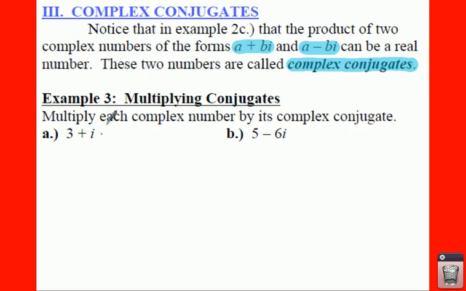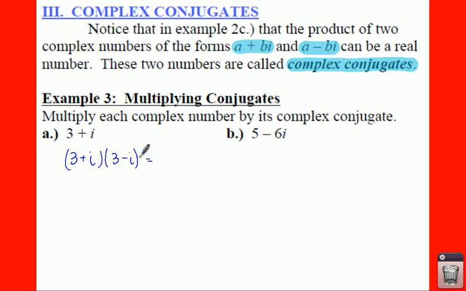So if we look at 3a, if you have a 3 plus i, the complex conjugate would be a 3 minus i. So all you're doing is just changing the middle sign. You're not changing the 3, just the i's are changing.